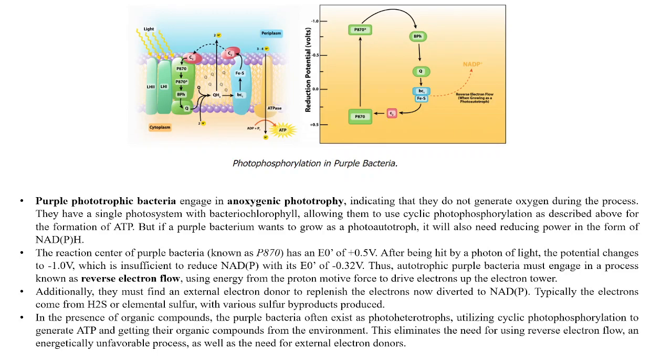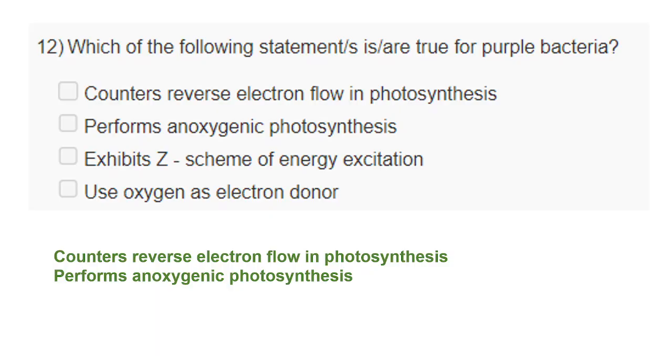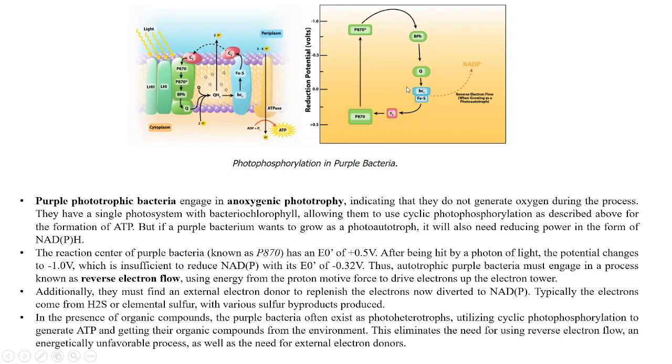So options 1 and 2 will be correct, that they can counter the reverse electron flow in photosynthesis, because when they are in the presence of organic compounds, they don't really need the reverse electron flow, because now they have organic compounds, now they'll have enough energy to be able to reduce NADP. Previously they were not having enough, they were only relying on the photon, the light, and that was not enough.